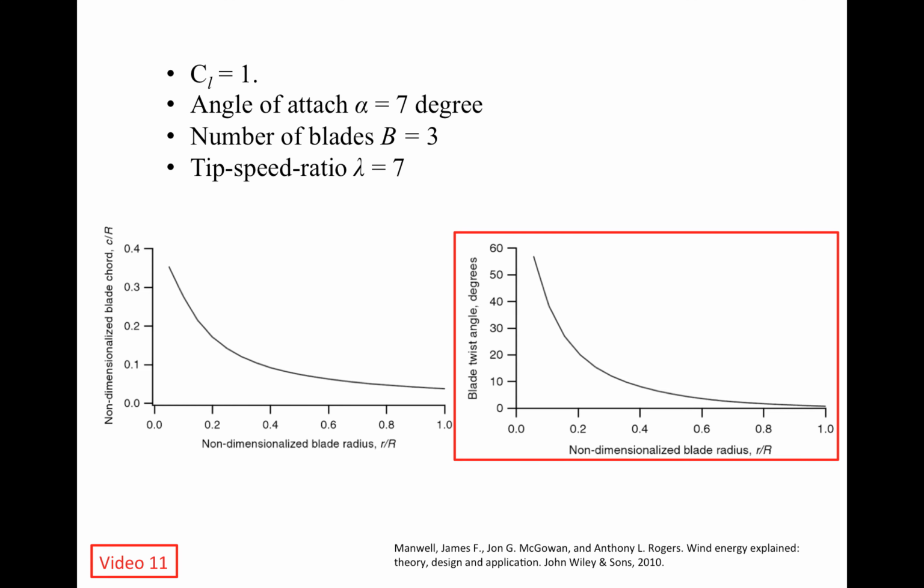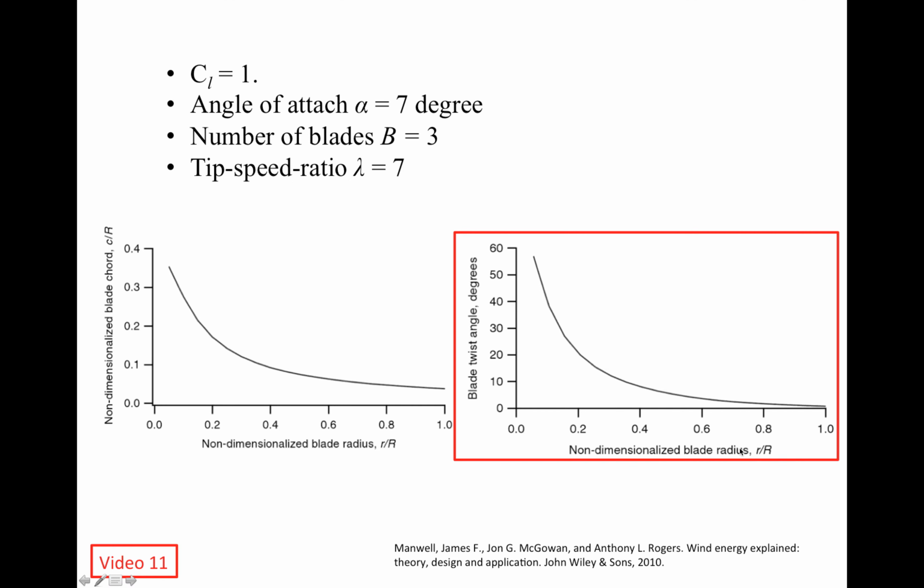But how exactly does the pitch control system change the aerodynamic torque? Back in video 11, we talked about why wind turbine blades, especially those large long blades on large wind turbines, usually have a twisted shape. This plot shows how the blade twist angle changes along the blade length.